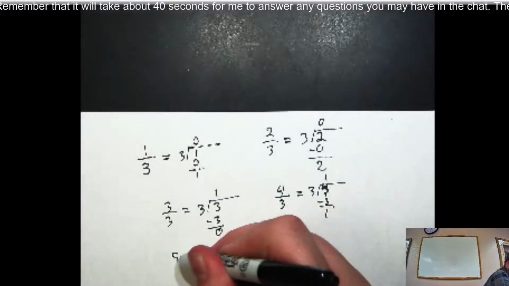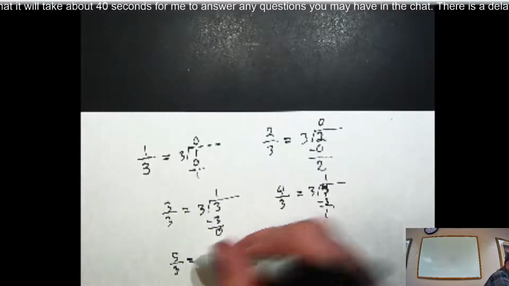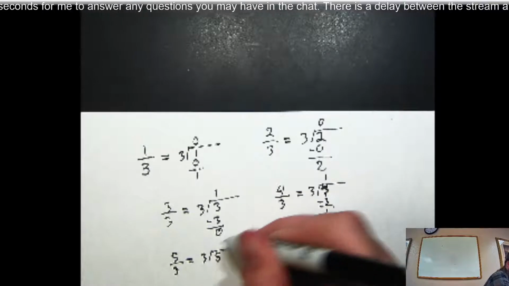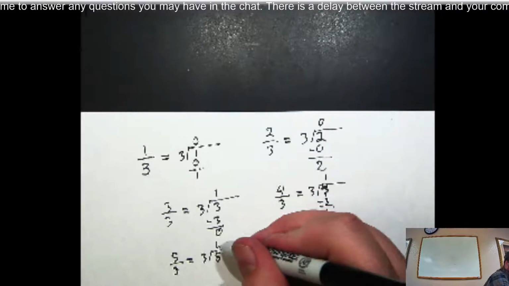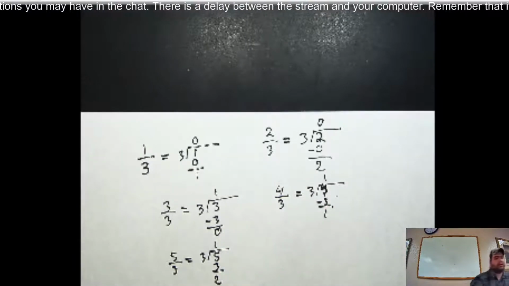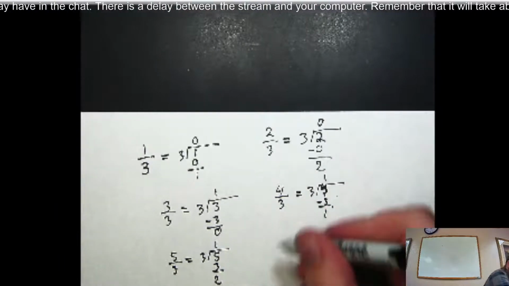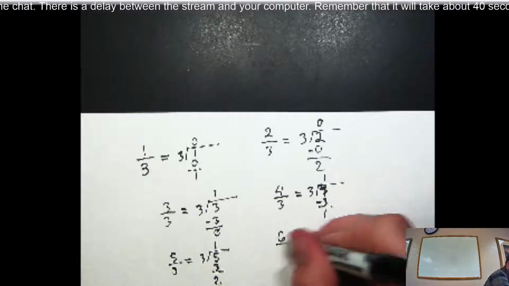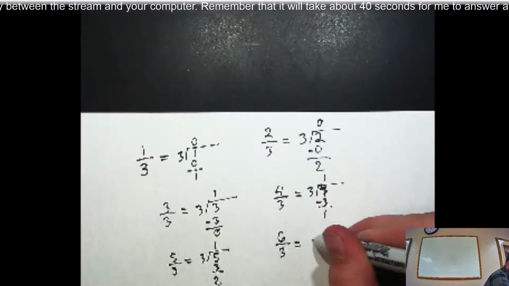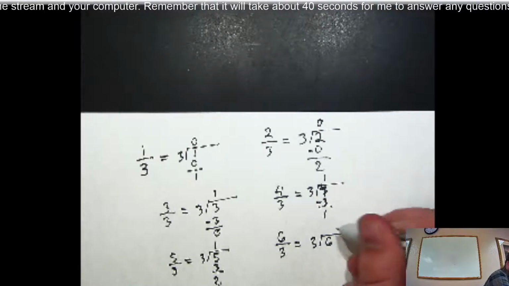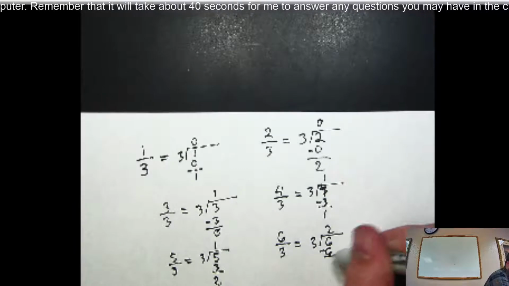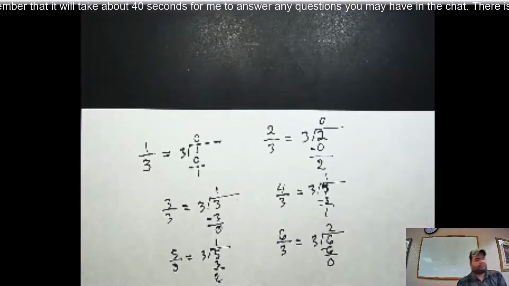How about 5 over 3? Okay. Again, it'll go in once, and remainder 2 again. 6 over 3. It'll go in twice, and it goes exactly, so remainder 0.